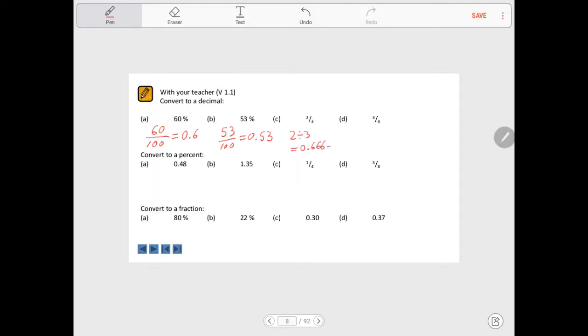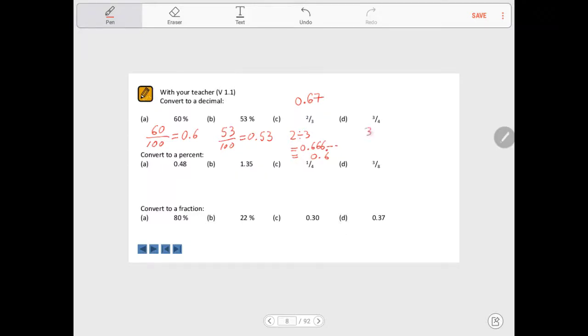This is going to be 0.66 going on forever and ever, which you may remember we could write like this: 0.6 with a dot above is the same thing, or we could round it off to 2 decimal places, or however many decimal places we like. 0.67 is okay as well.